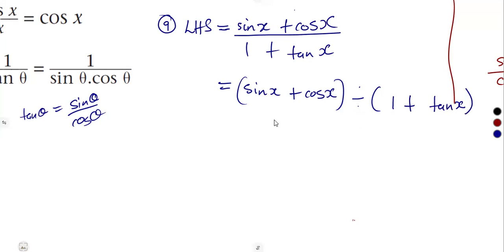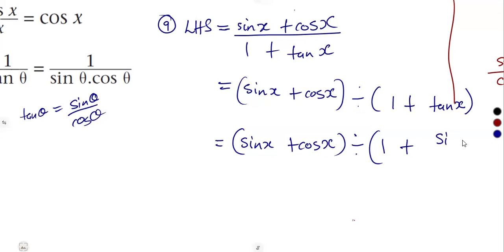Even though we cannot simplify here, let's leave it like that. Divided by 1 plus, now tan is sine over cos, so it gives us the sine of x over the cos of x.